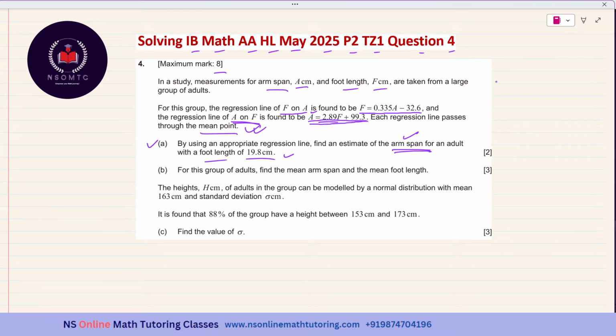So part A: A is equal to 2.89F plus 99.3. So therefore, A is equal to 2.89 times 19.8 plus 99.3. Okay.